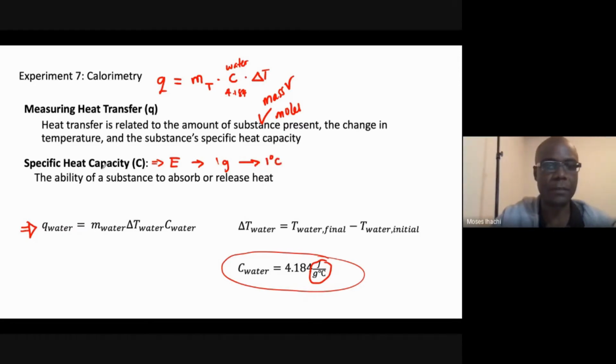I repeat, it is the amount of heat energy required to raise the temperature of 1 gram of a substance by 1 degree Celsius. That's where this unit is coming from. Heat energy SI unit is joules or kilojoules. If you divide joules by 1,000, you get kilojoules. That's how we get the units.